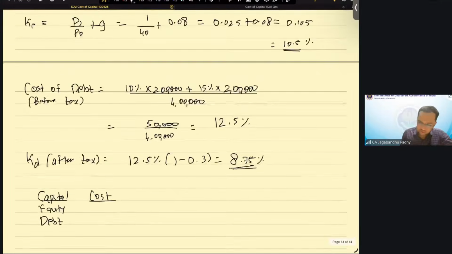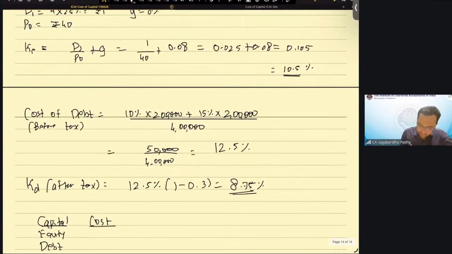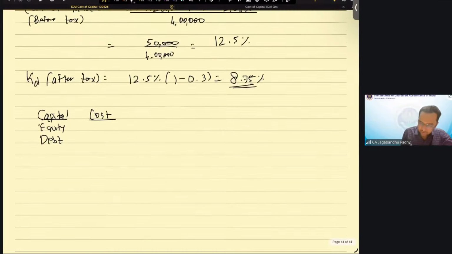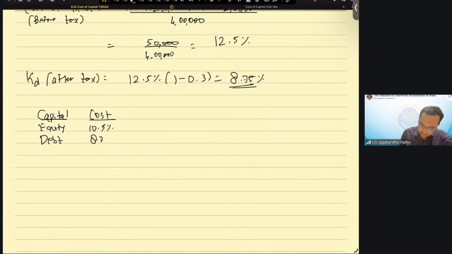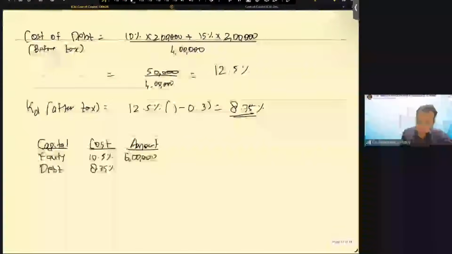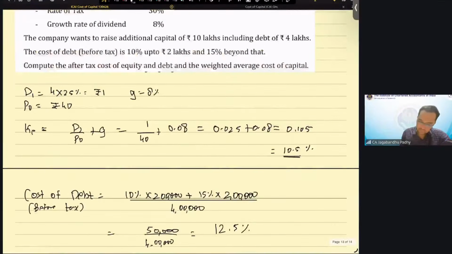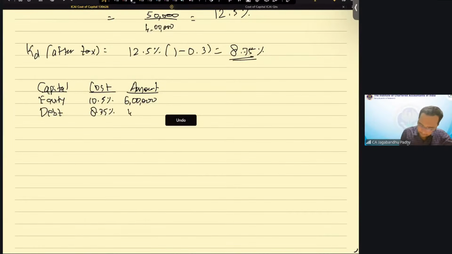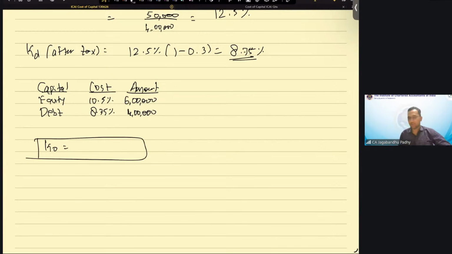Okay. So we got the capital as equity and debt, and the cost is also given to us. Equity has a cost of 10.5%. Debt has a cost of 8.75%. And in amount, equity is 6 lakh and debt is 4 lakh. Calculate the overall cost of capital, everyone.